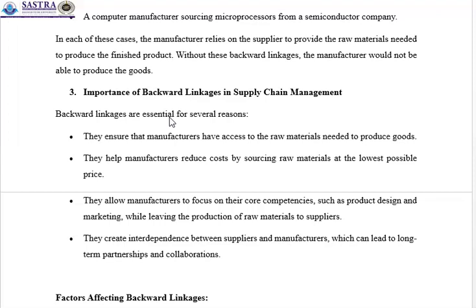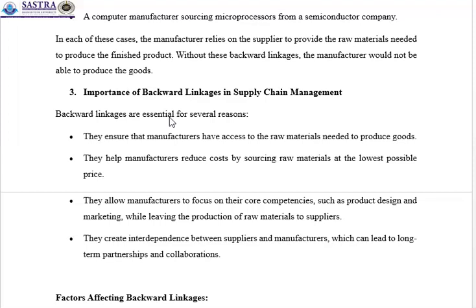They create interdependence between the suppliers and the manufacturers, which can lead to long-term partnerships and collaborations. That's why some suppliers will exclusively supply to a particular firm. If you go and ask them, they'll say no, we cannot supply on time; emergency supplies are not allowed because they have regular customers.